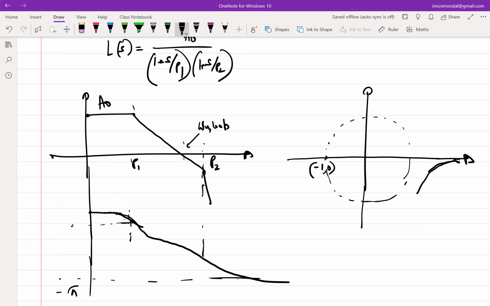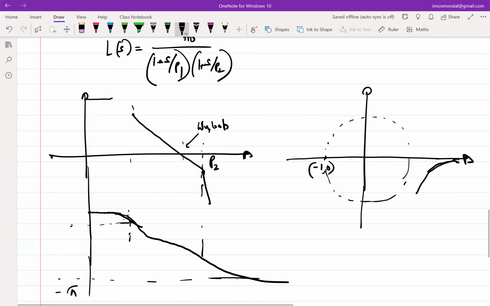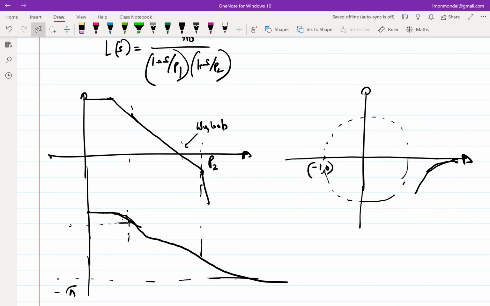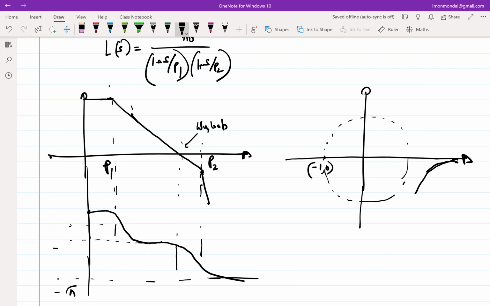If P1 is at very low frequency, then it reaches minus pi by 2 comfortably, then goes like this. So from this plot, where do you think I'll be cutting?